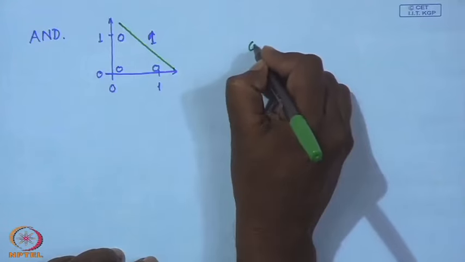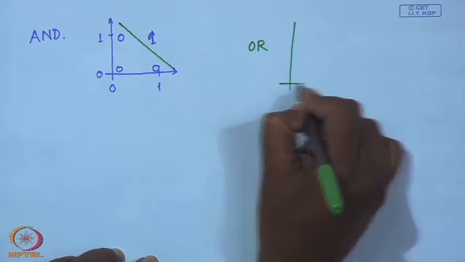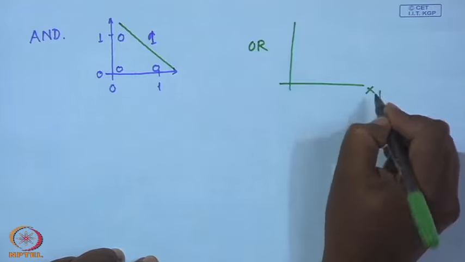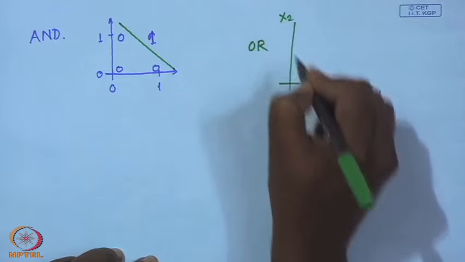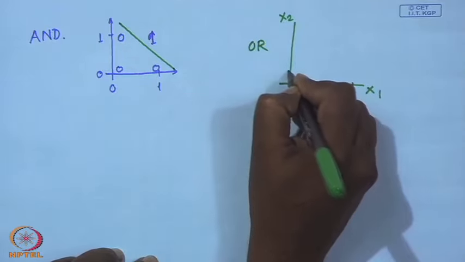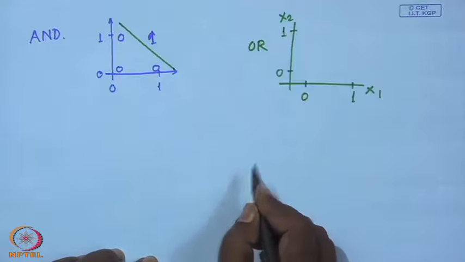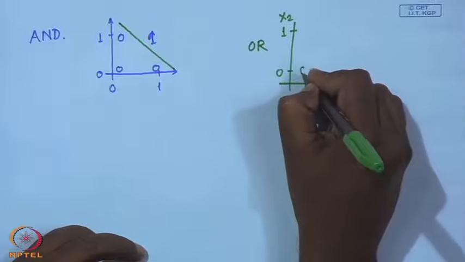Similarly, if I take an OR function, here again I put it as x 1, x 2, with 0, 1 on each axis. Only in the case of 0, 0, when both x 1 and x 2 components are 0, the output is 0.